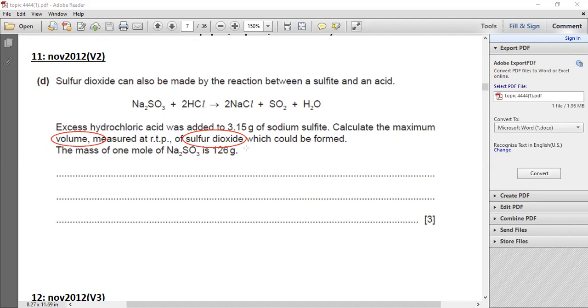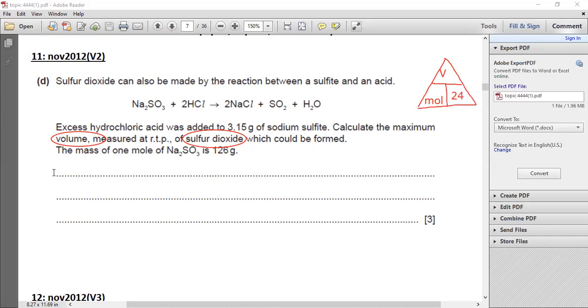The second triangle. Okay. He needs a volume, so I will use the second triangle. Because he said volume. As you know, number of moles equals volume divided by 24.